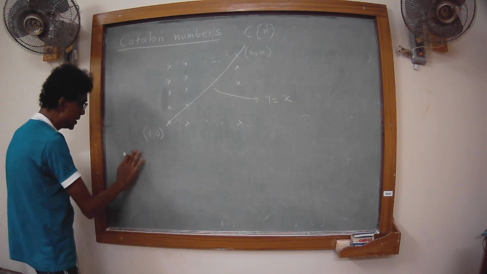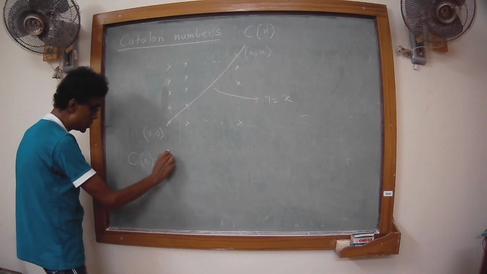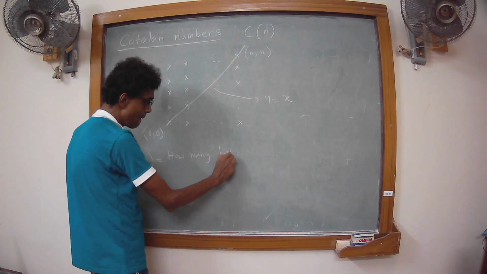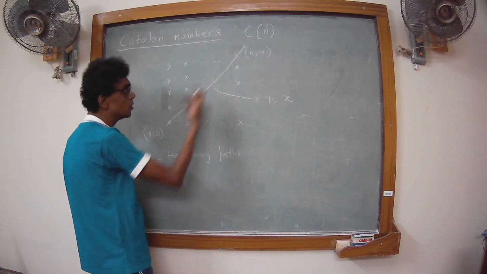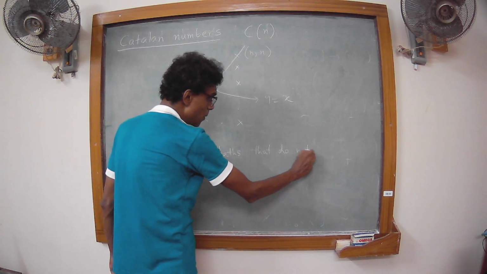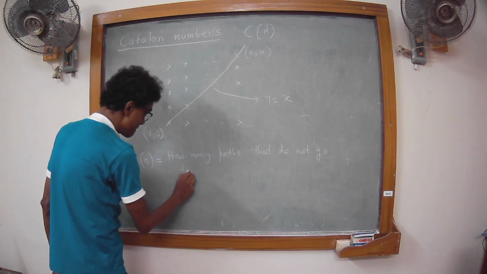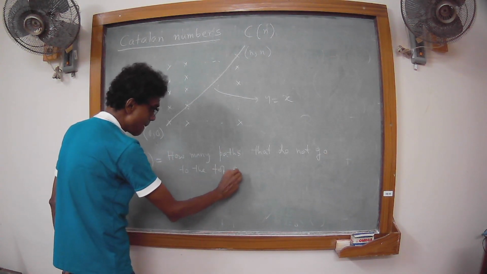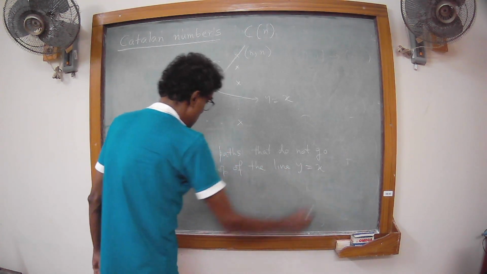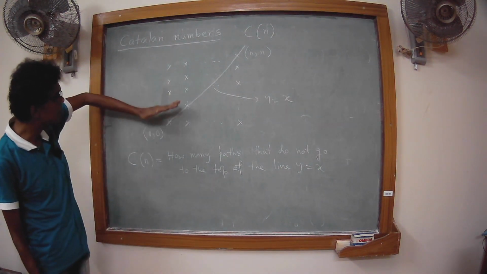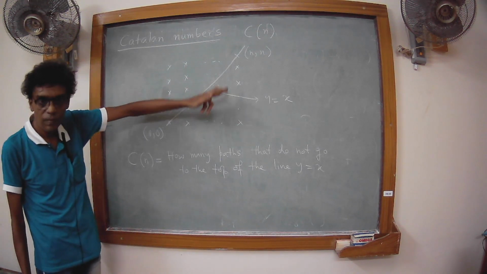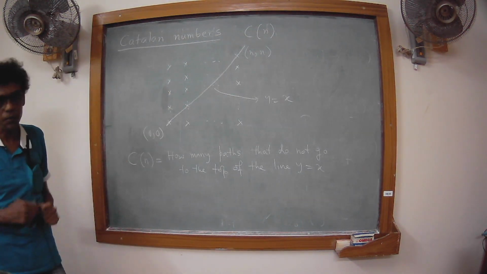So C of n, the nth Catalan number, is the number of paths from 0, 0 to n, n that do not go to the top of the line. So these points are inaccessible. You can come here, but you cannot cross it. Now the question is how many paths are possible.